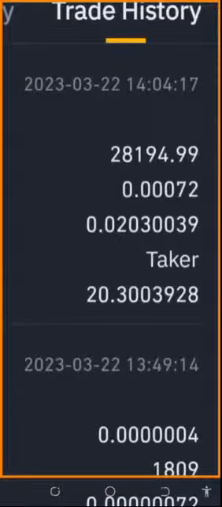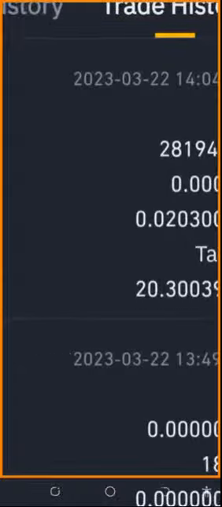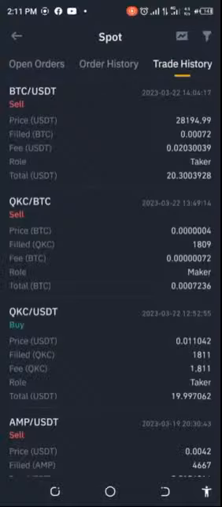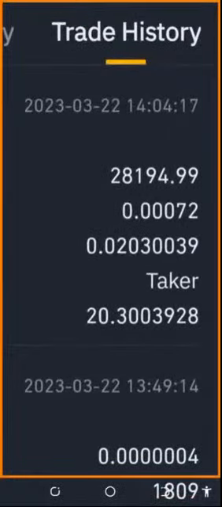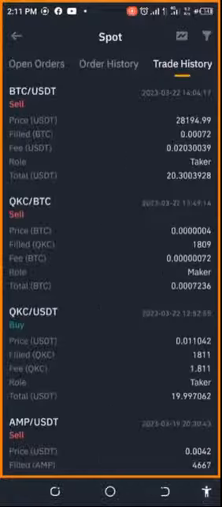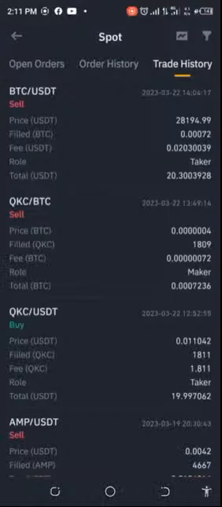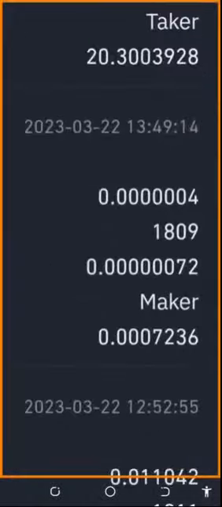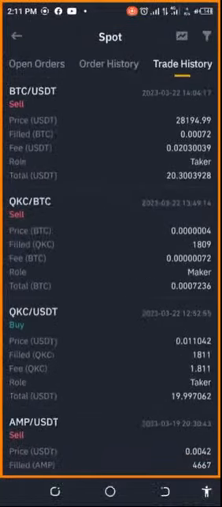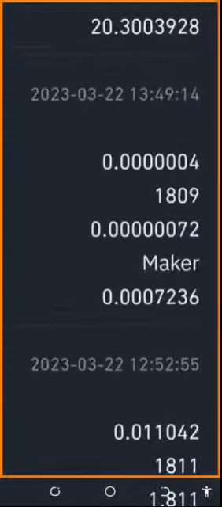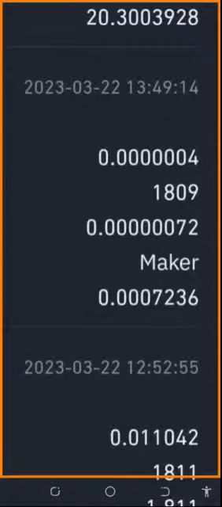Interesting. We got 20.30. But don't forget that they will take out fees. We had 20.30 here, but in the process we actually paid fees for QKC BTC. Did we? Yes, we did pay a fee. That's the amount of fees, as you can see there, 0.000072.